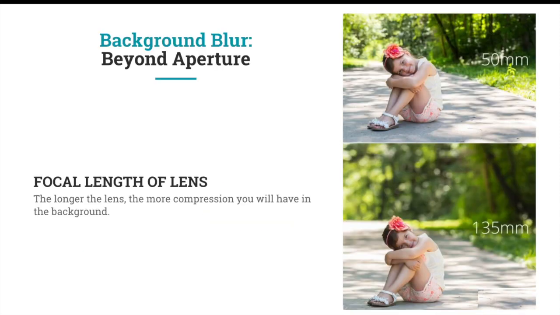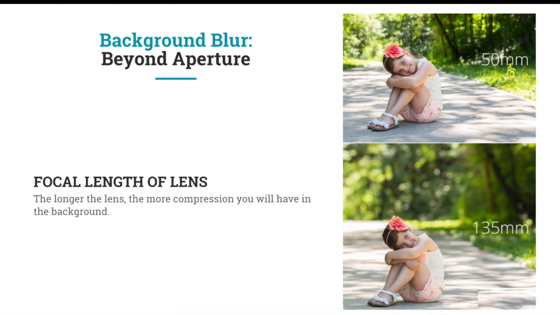So first, let's talk about the focal length of your lens. The longer your lens is, the more compression that you will have in the background. So what do I mean when I'm saying a longer lens? When I'm referring to a longer lens, I mean a lens like a 135 millimeter versus a 50 millimeter. So you can see the examples that I've provided on the right.